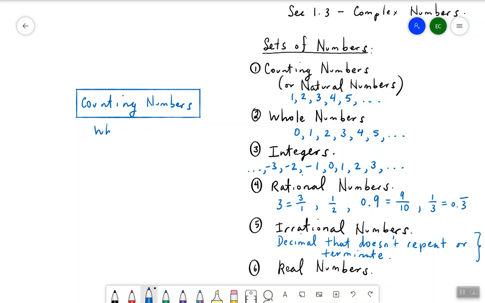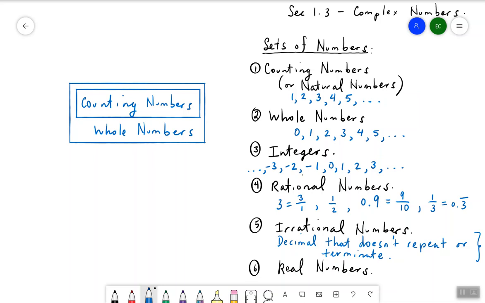And so when we want to show the whole numbers, we'll put that box so that it includes the box of counting numbers plus the extra number, the number 0, that would fit outside of the counting numbers but inside the box of whole numbers. And then a similar idea for the integers.